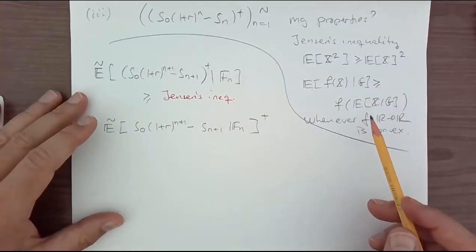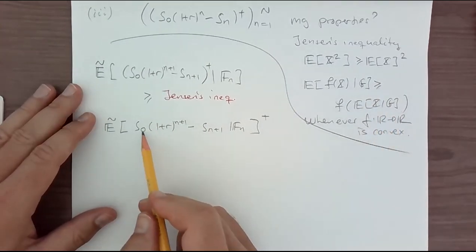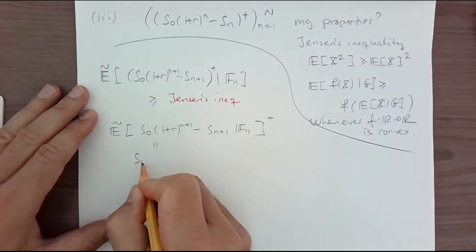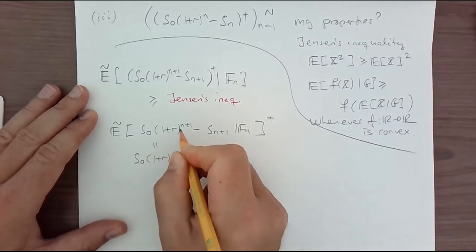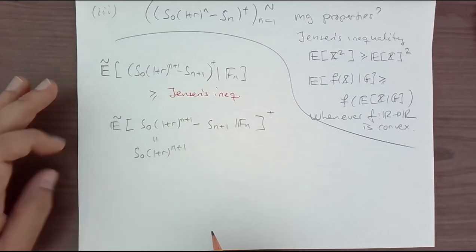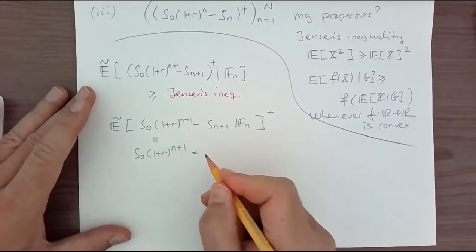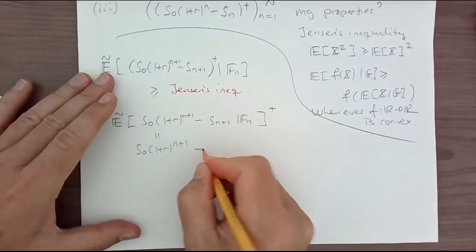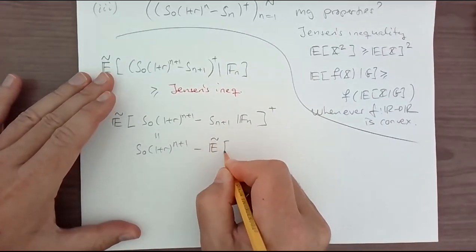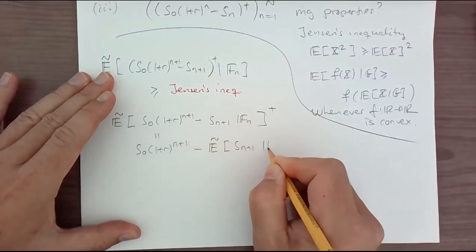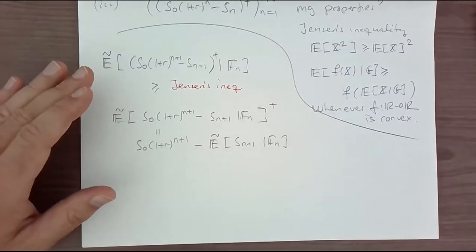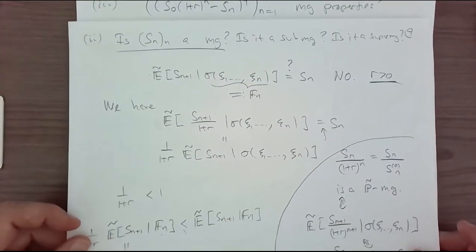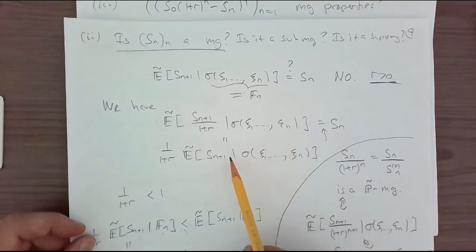That's a bad idea. Okay, so now what we're left with here is, with the first thing, there's no randomness. This is S0 times (1 plus R) to the n plus 1. And then the other one has a minus sign, so I have minus E tilde of Sn plus 1 given Fn. And that was the one we had over here.